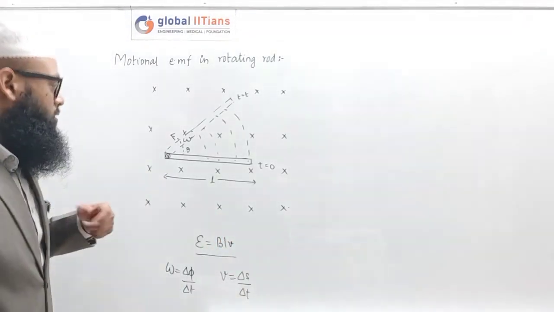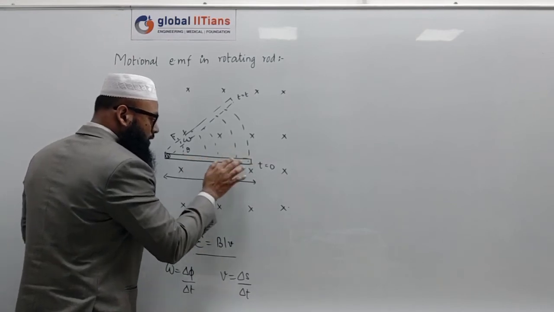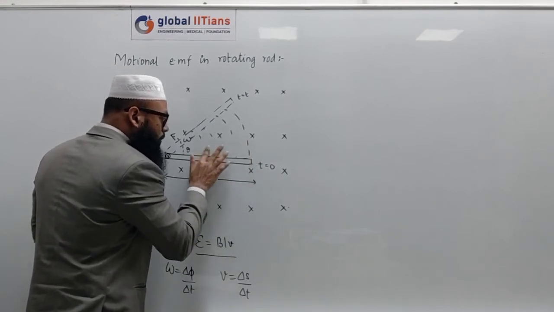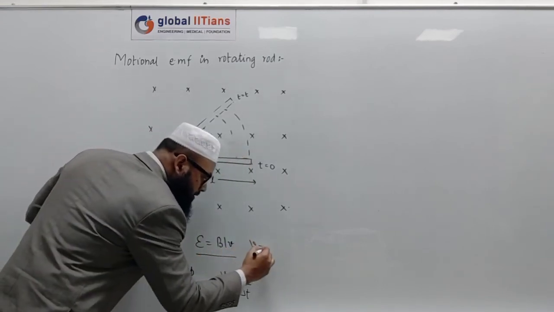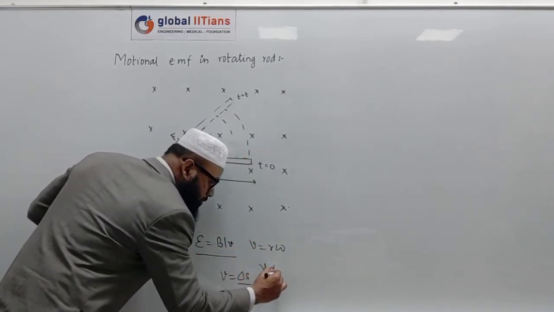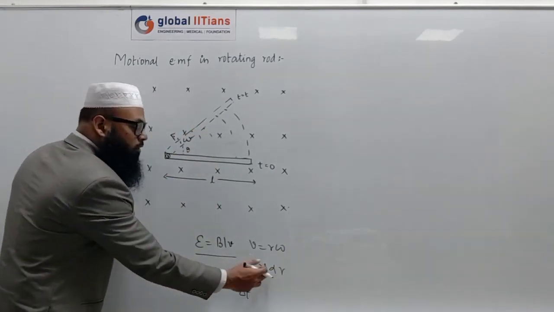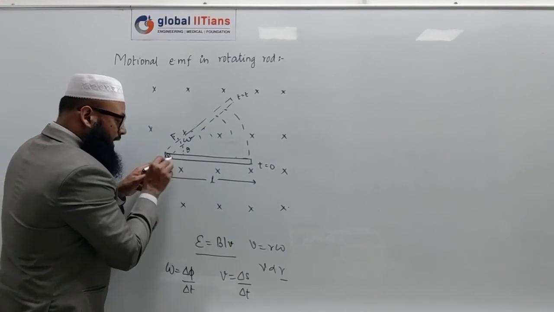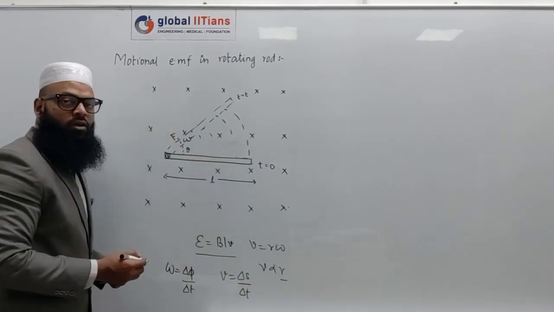So as we keep on moving away, the displacement keeps on increasing, and that is how we say V is equal to R omega, or V is directly proportional to R. Omega is constant for all the particles. As we keep on increasing the value of R, this V will also keep on increasing.